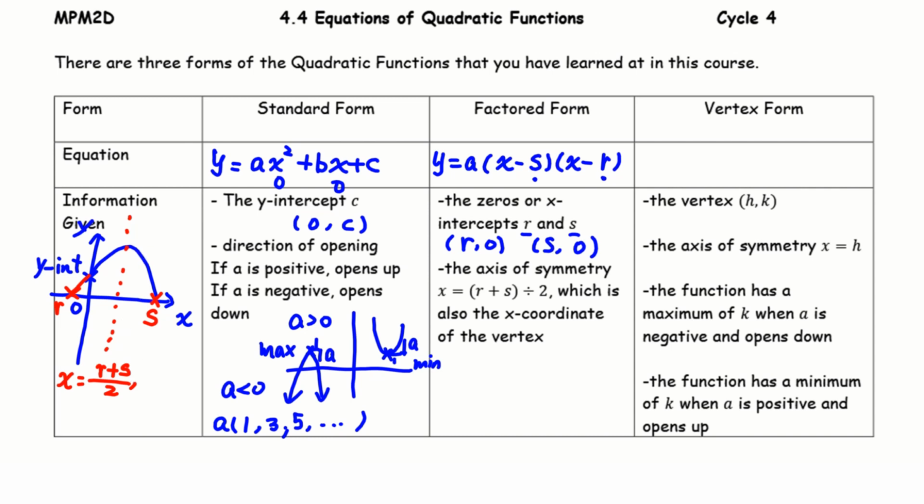So this is a pq, so the middle of this one is your p-value. We sub this p-value here, and you are able to find the q value. This way you can find the vertex. So from the zeros, you are able to find the axis of symmetry, and that is the x coordinate of your vertex. You sub in the x value, and you are able to find the y coordinate of the vertex.